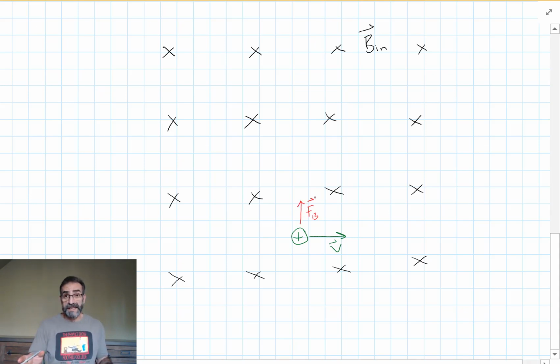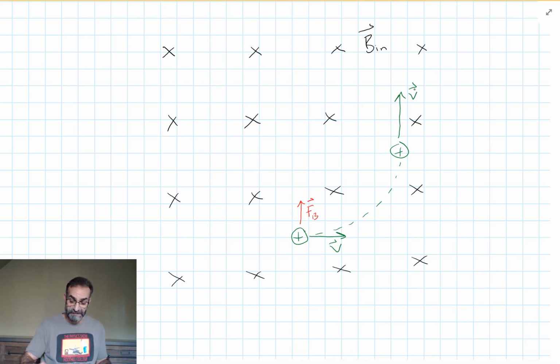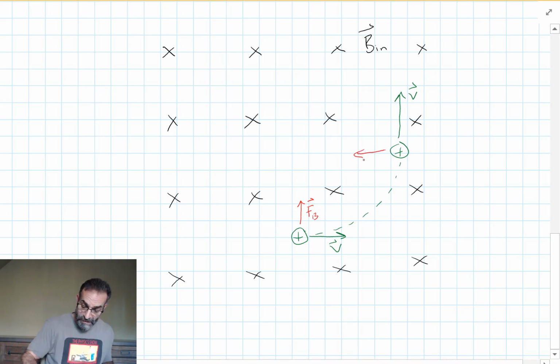So our particle is not going to continue to move to the right. At some time later, the particle will be over here, and it will be moving in this direction. What direction is the force on the particle at that instant? To the left.